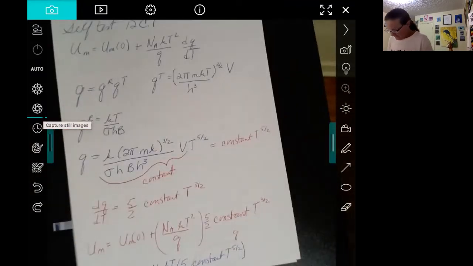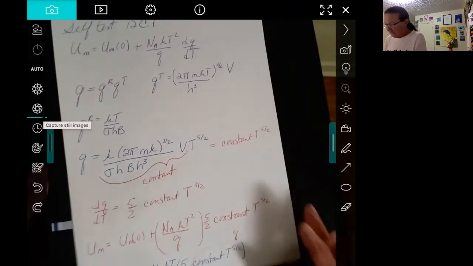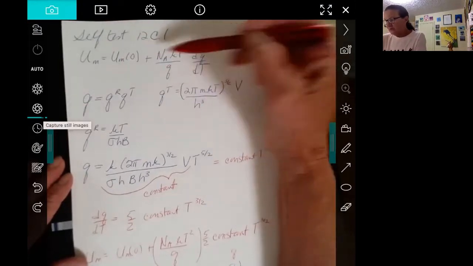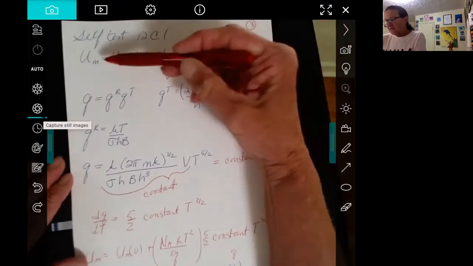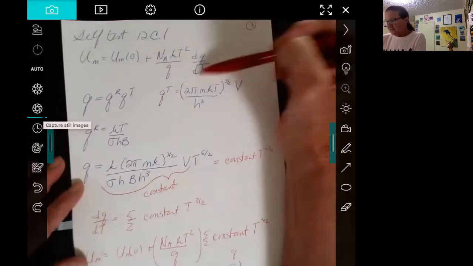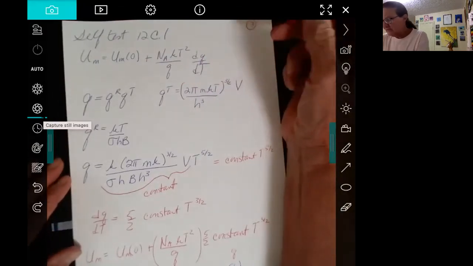So what do we put in for q? It says we have diatomic gas molecules, and they have a contribution from rotation and translation. So the equation we're going to use is this one. The internal energy is what it would be at absolute 0 plus this contribution from the populated states.